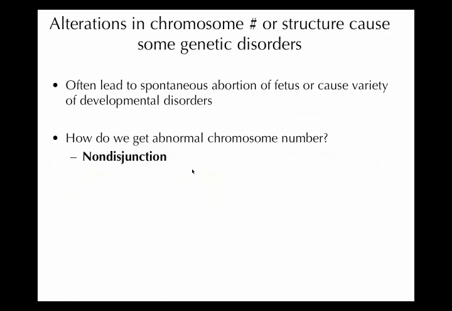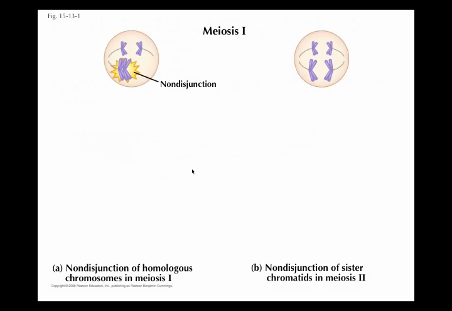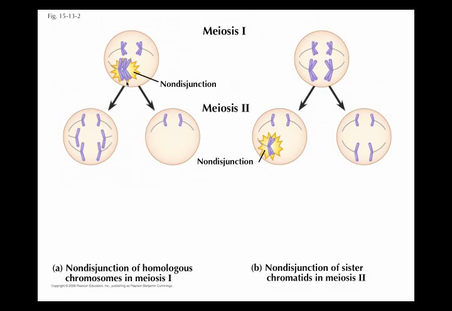And then the last concept I want to touch on here, we talked about this in class already. It's called nondisjunction. I just want you not to forget about that. This is a prettier picture than I could draw, but here's the idea: you get chromosomes accidentally segregating improperly in meiosis 1. You could have it in meiosis 2, so either one.